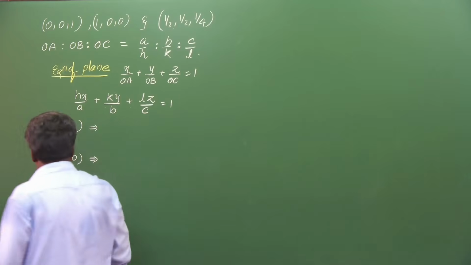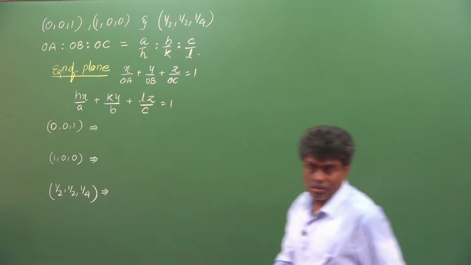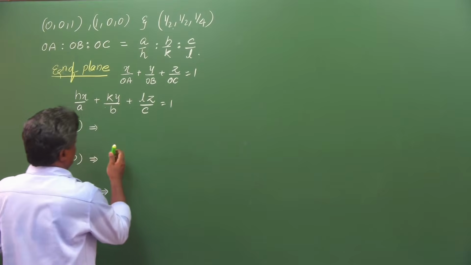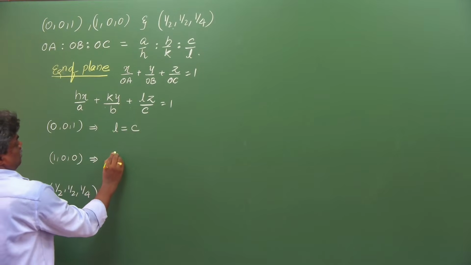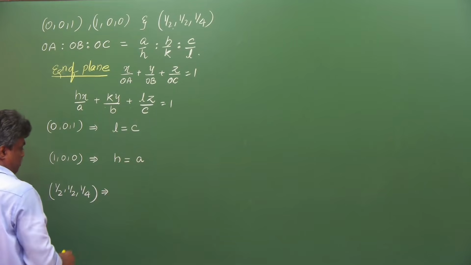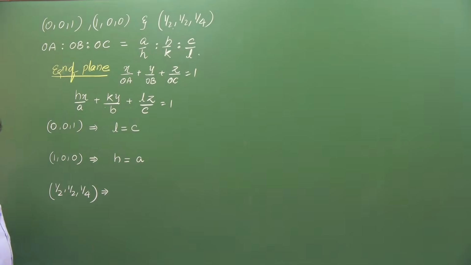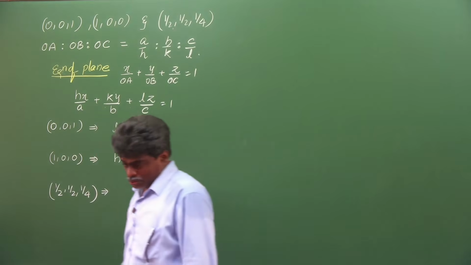I think from the first point you got L equal to C. From the second one you will get H equal to A. Next, K equal to B by 2.